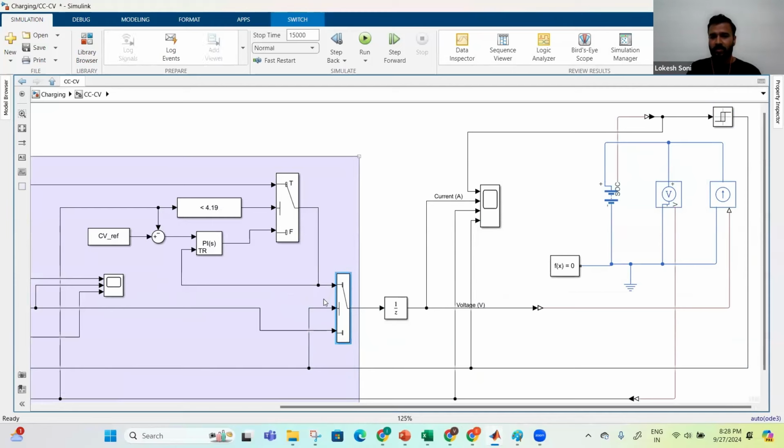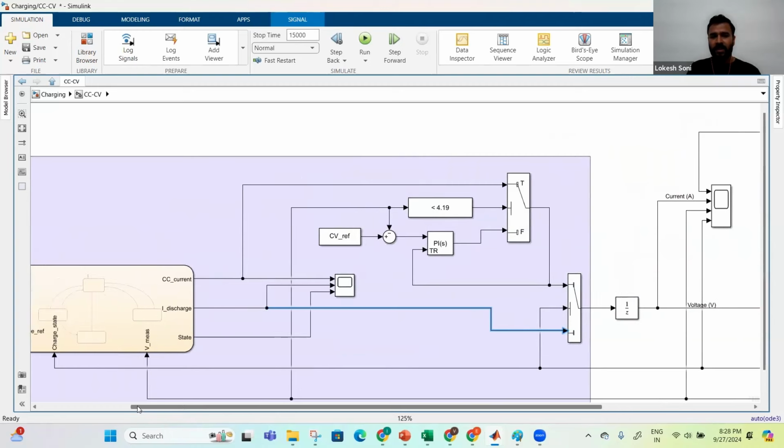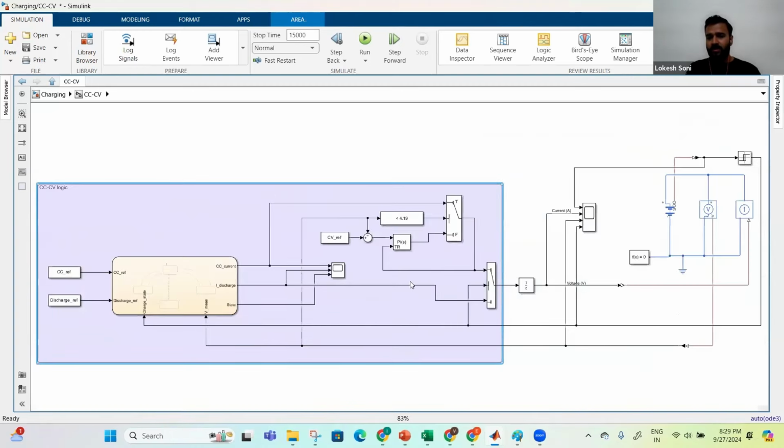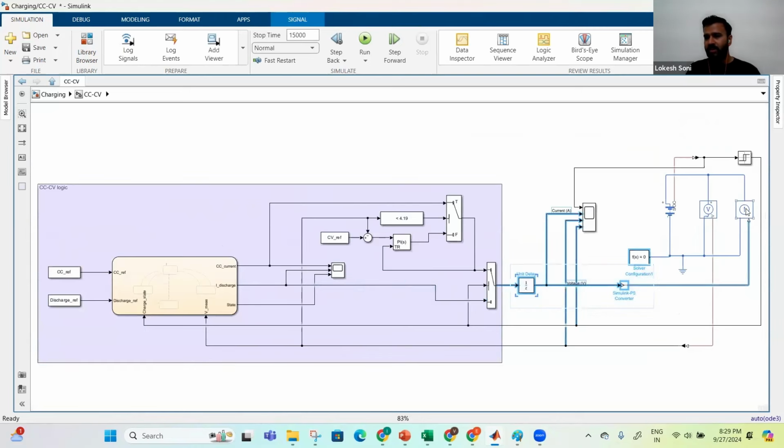So charging would happen when SOC is less than 30. So this line would become one, and this charging line would get activated. Discharging is this line, which is again coming from the state flow block, discharging the battery through the current source. When the SOC is less than 30%, I would activate this port of the switch, and that is the charging part.